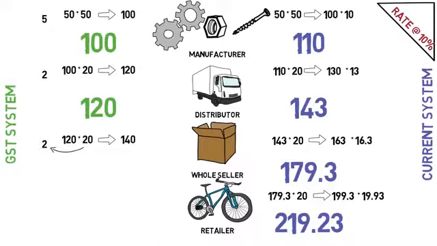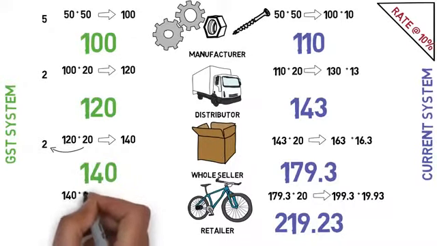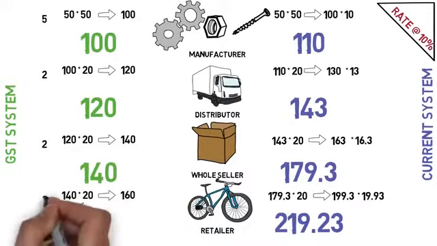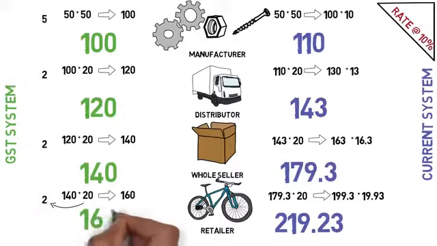The retailer buys the product for 140 rupees, adds a profit of 20 rupees, pays taxes of 2 rupees on his profit of 20 rupees and raises the final consumer price to 160 rupees. So if the prices are compared, the product is 59.23 rupees cheaper in the GST system than the current system.